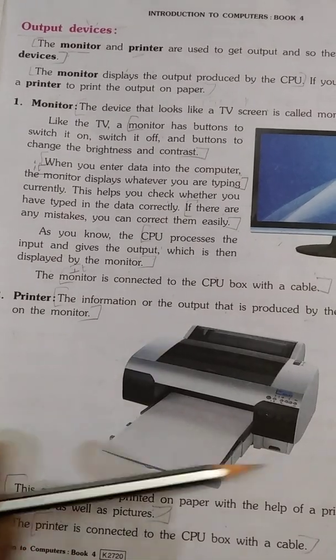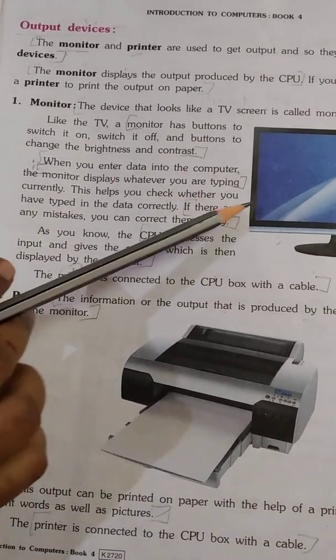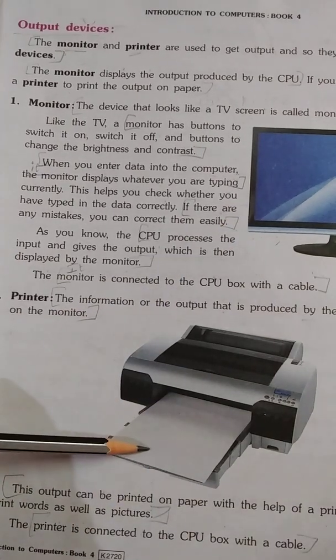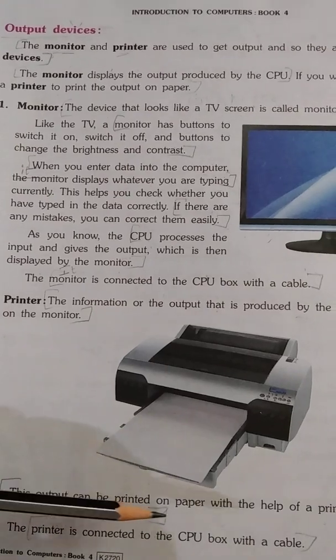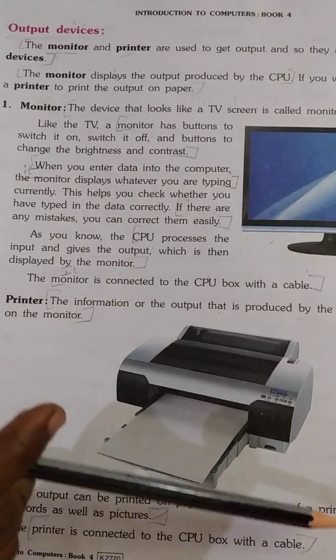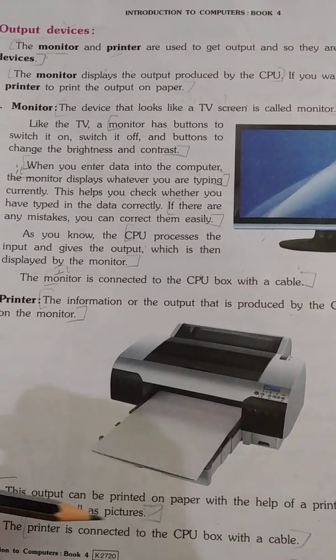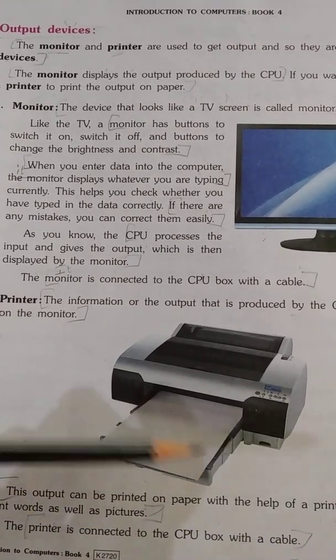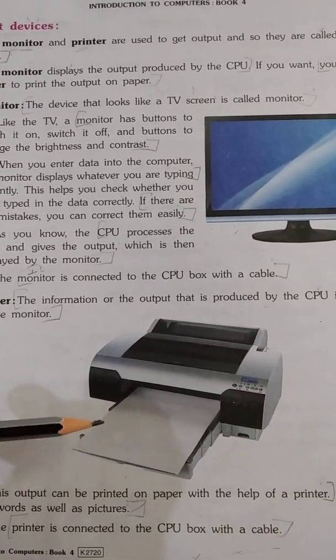So the printer is called an output device. Which are the output devices? Monitor and printer. The output can be printed on paper with the help of the printer. A printer prints words as well as pictures, which means if you do any drawing, you will get a hard copy of the drawing on paper.